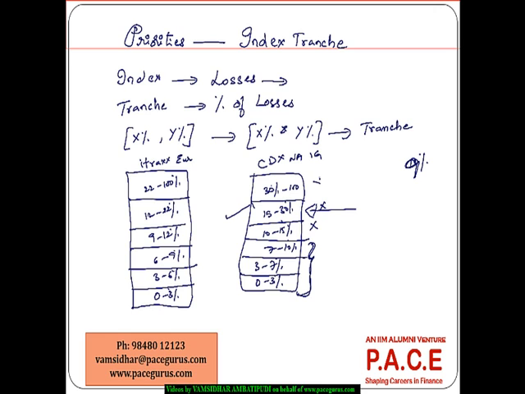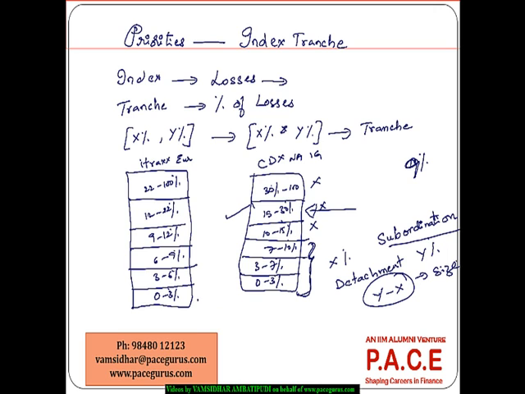These are completely safe if the index has lost only 9%. That means a subordination structure comes out when we bring in the tranching. So the subordination of that tranche is X%, whereas the detachment point, above which nothing belongs to it, is Y%. And Y minus X is the size of the tranche.